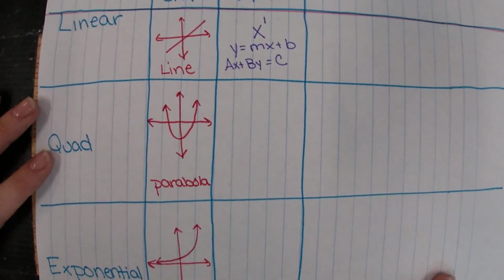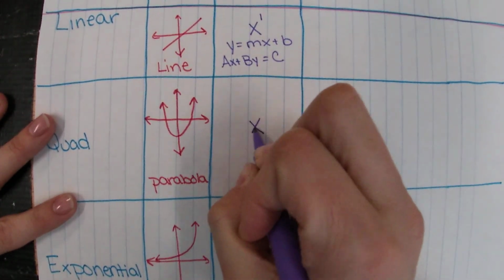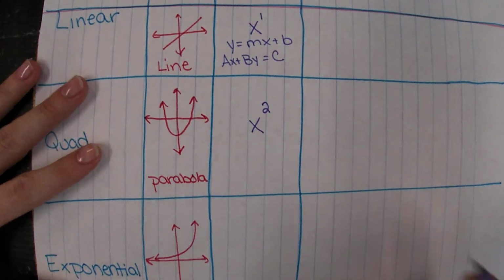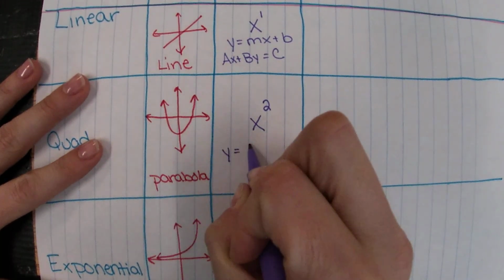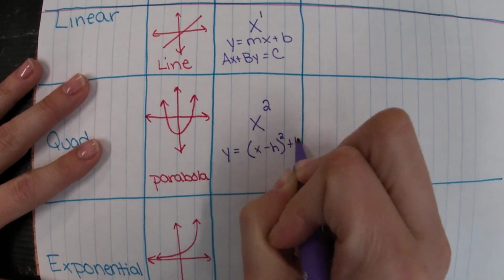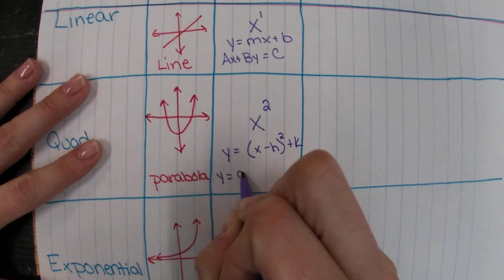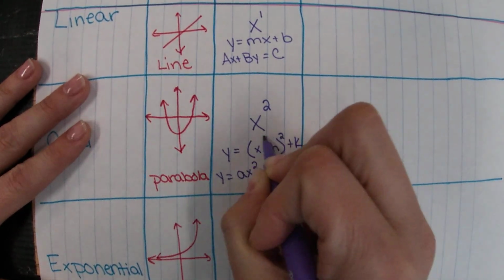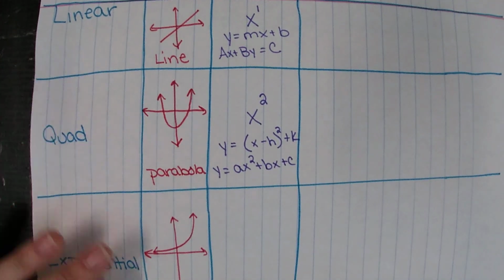Okay, we know that anytime we are looking at a quadratic, in some way, shape, or form, we are going to have an x squared in the function. Whether that's happening with parentheses or in standard form, in some way, shape, or form, that squared is going with the x.